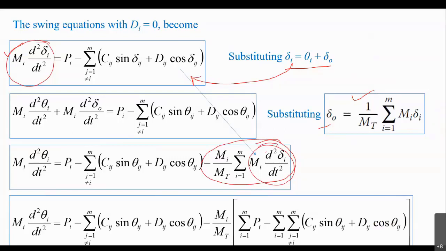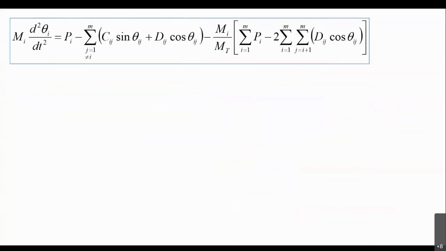The expression is Mi d square theta i by dt square equal to Pi minus sum of Cij sin theta ij plus Dij cos theta ij, j 1 to m not equal to i, minus Mi by MT multiplied with Pi, which we have substituted here, summation 1 to m, and here we have a double summation. Now just simplifying the second term of this, we'll get this expression.